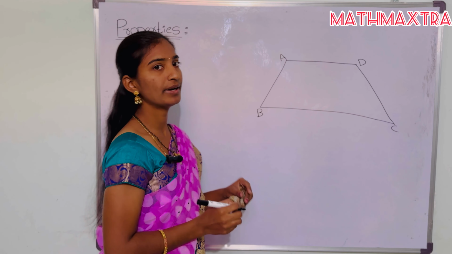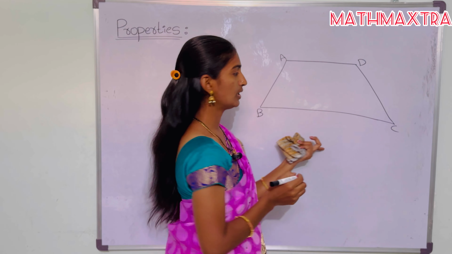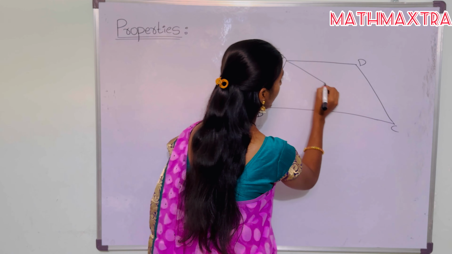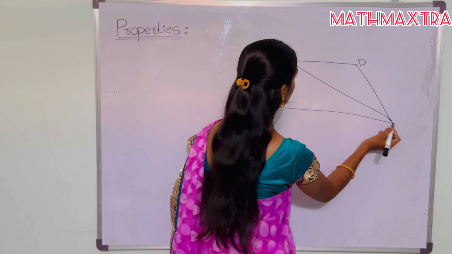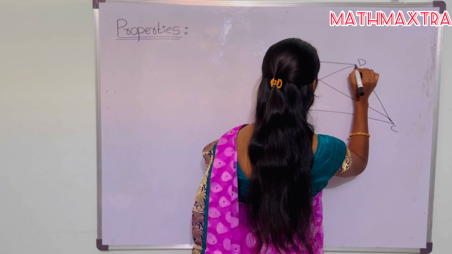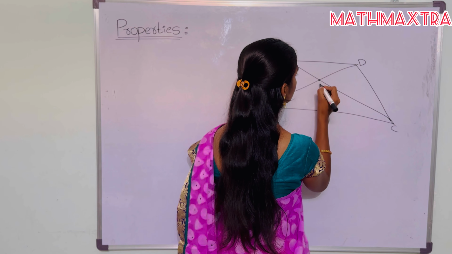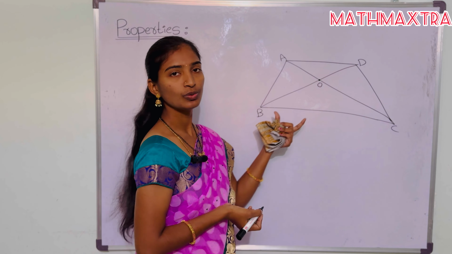Our next property is, this is a trapezium. I am drawing two diagonals, AC and BD, and this is the intersection point of the two diagonals.